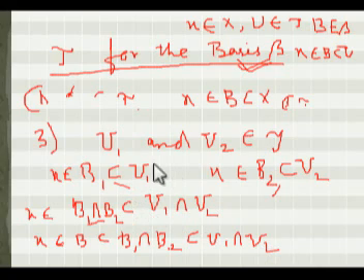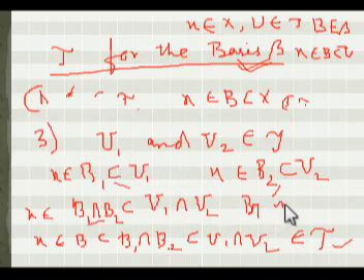So if it is true for two open sets, that the intersection belongs to the topology tau, then by induction any finite number of open sets' intersection must belong to tau. By induction it can be proved. Very easy to prove. I am leaving it to all of you to prove this.